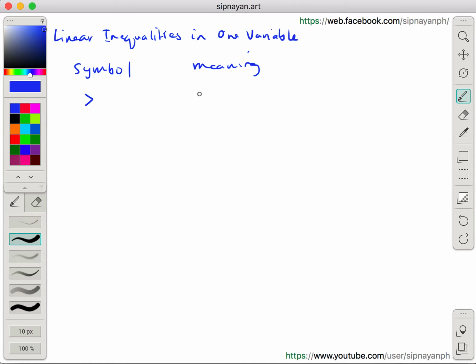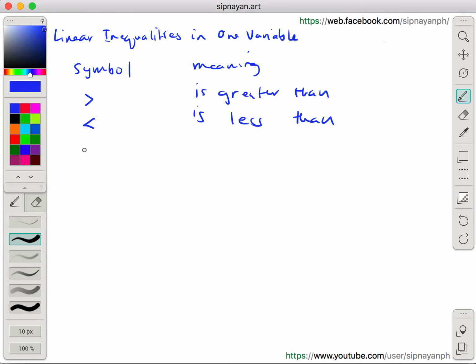And I think we already know the meaning, no? Pag ganito yung symbol natin, this means that is less than. At pag ganito naman ay is greater than, sorry. Is greater than. Merong is less than.